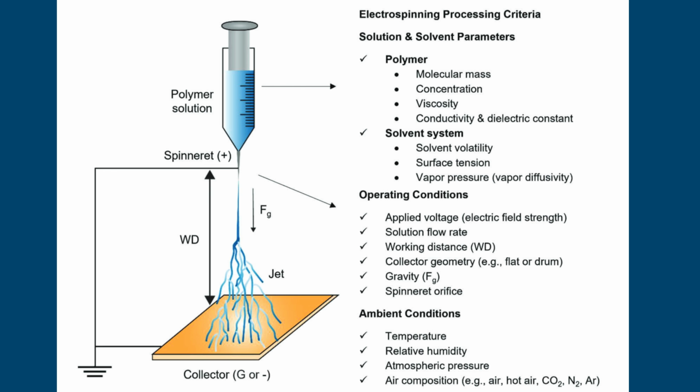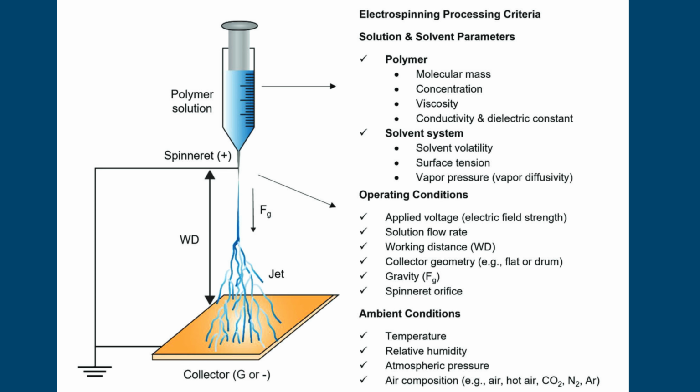Adequate chain entanglement, typically achieved through appropriate polymer concentration and molecular weight, is essential to prevent bead formation and ensure uniform fiber morphology. Operational parameters, including applied voltage, flow rate, and the distance between the spinneret and collector, directly influence the electrostatic forces and jet dynamics.